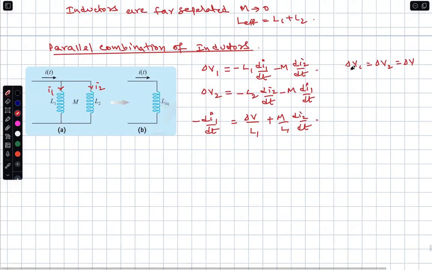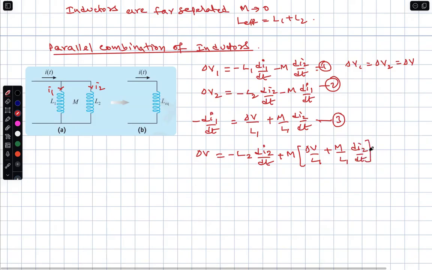This is what I can write in place of minus di1 by dt. Now use this in any of these equations. Let this be equation 3, let this be equation 1, let this be equation 2. Now I am going to use equation 3 in equation 2. This allows me to write minus L2 di2 by dt minus M times the substitution, which becomes delta V by L1 plus M by L1 di2 by dt.